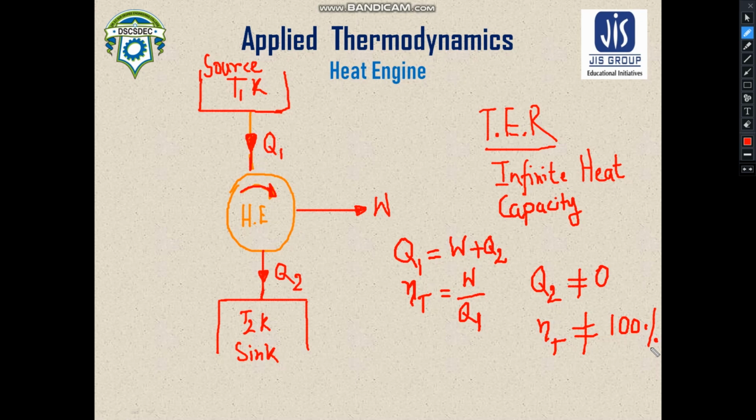You will see that you will be asked in many interviews or vivas. But the basic understanding is that since this Q2, this heat rejection, is always greater than zero, it suggests that the efficiency η_T of the heat engine will never be equal to 100%. Okay, so I think you have understood this concept.